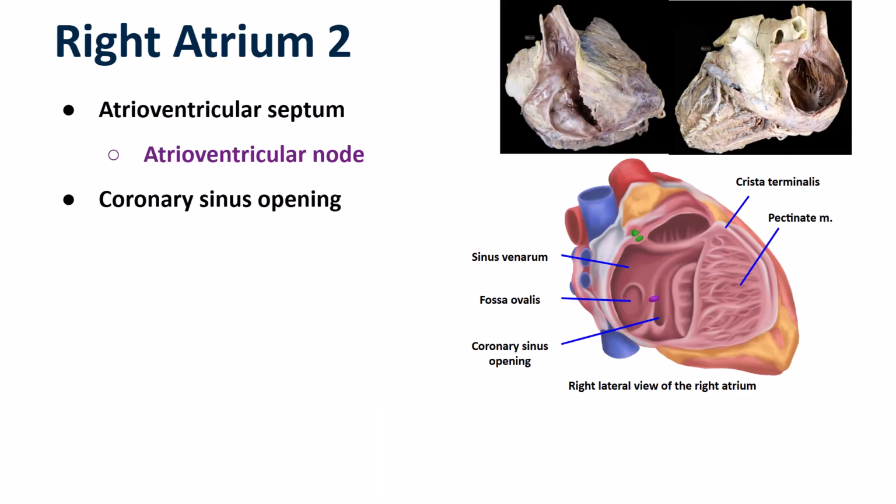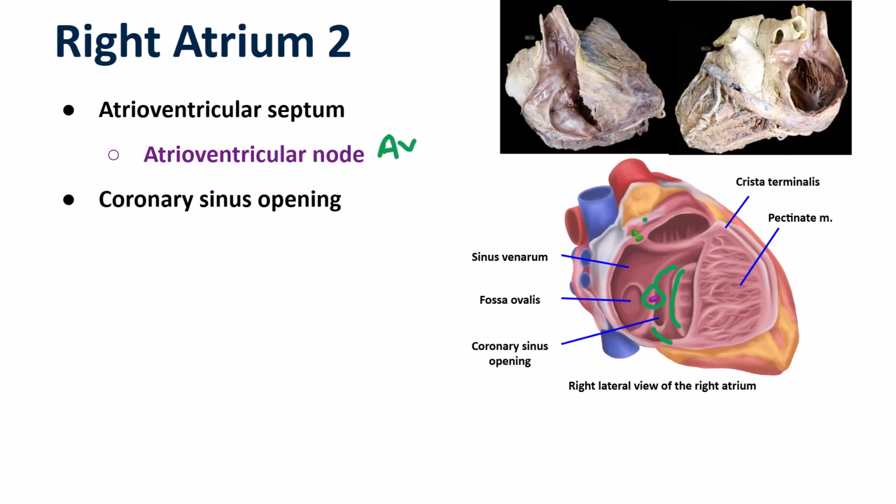Now, there's also a septum between the atrium and the ventricle, and it's within this that the tricuspid valve is located. But where the atrioventricular septum meets the interatrial septum, we have another specialized collection of cardiomyocytes called the atrioventricular, or AV node for short.